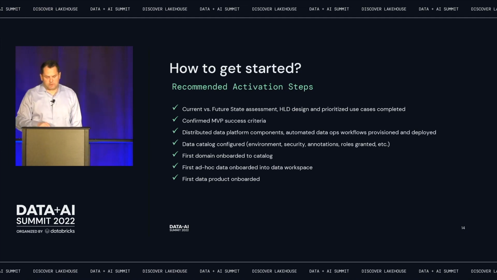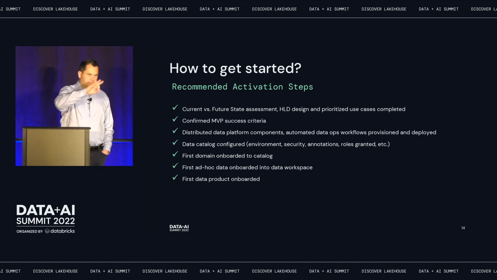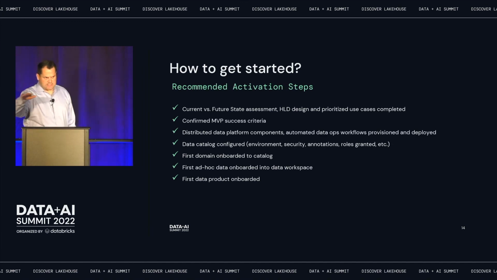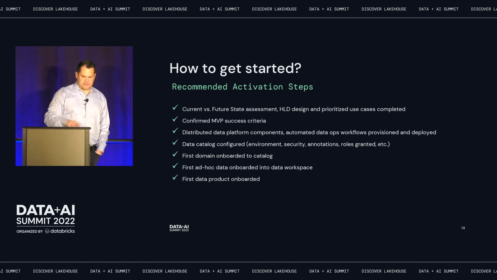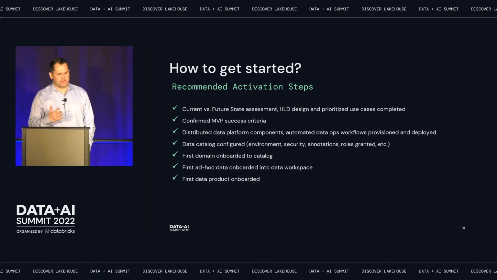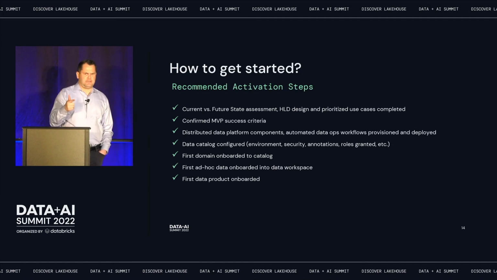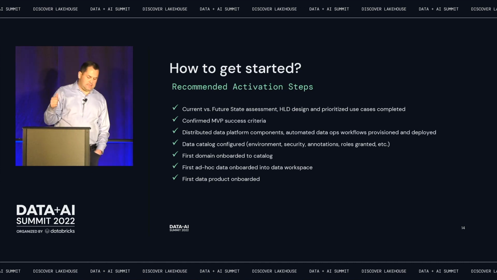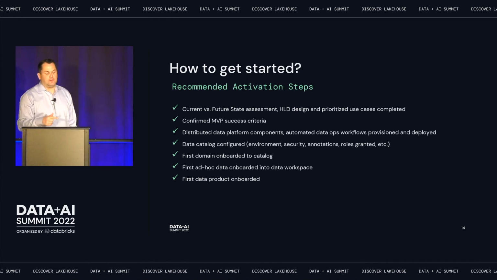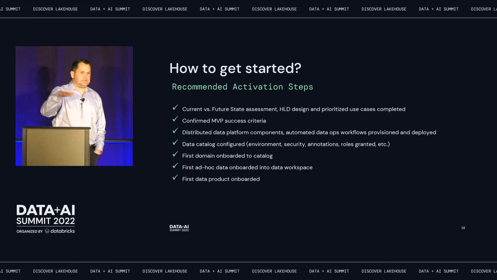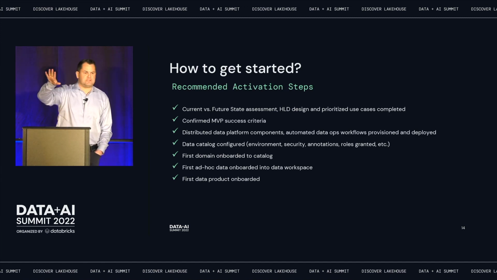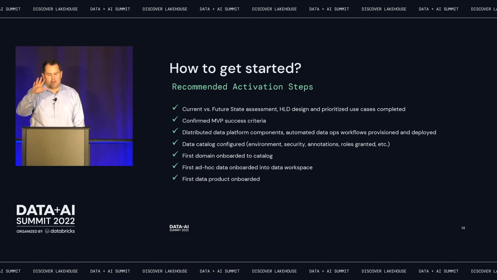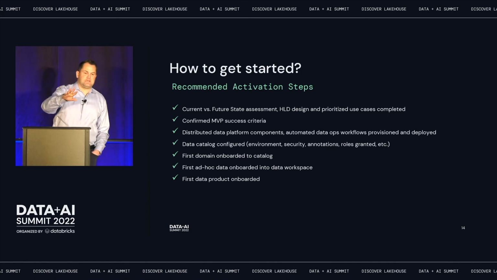But to wrap up in terms of how to get started, you have an existing estate with the workloads running in cloud. How to get moving? Think days, weeks versus weeks and months. Quickly activate, quickly align on what is the current state of capabilities, that scan of what are the services that I have, high-level design and prioritized use cases to really start activating the value.